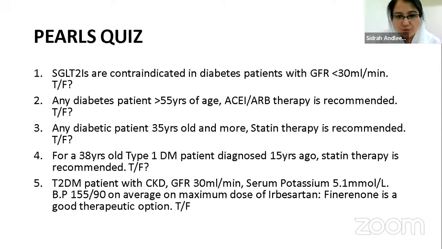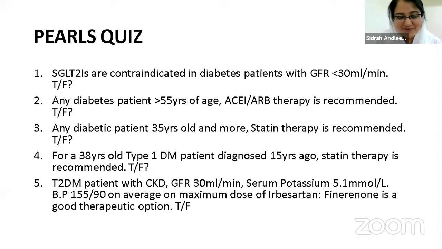Now, question number 4. For a 38 years old, type 1 diabetes mellitus. I missed explaining this to you guys, so it's good that I added that, so I'll explain it now. For a 38 years old type 1 diabetes mellitus patient diagnosed 15 years ago, statin therapy is recommended. True or false?